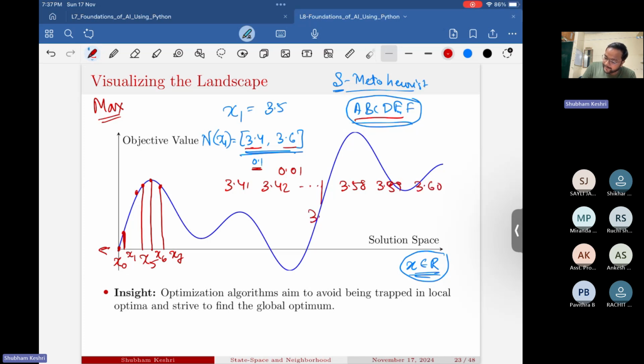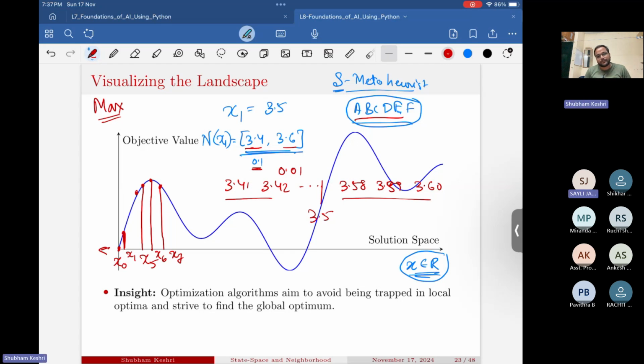So around 3.5 you have 19 neighbors, right? So you have to check all 19, and whichever is the best, you will move to that neighbor. And from there also you have to check again 19. If there is no better one, then you will say that I have reached the best.